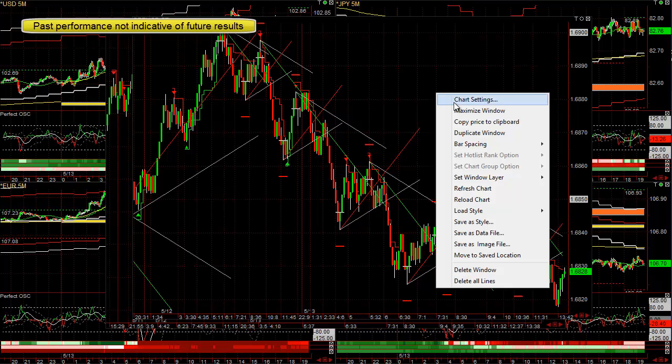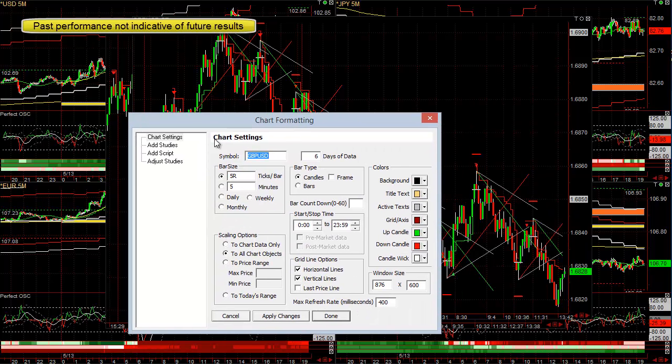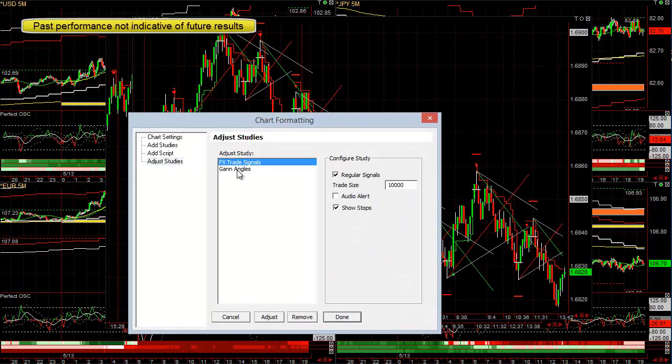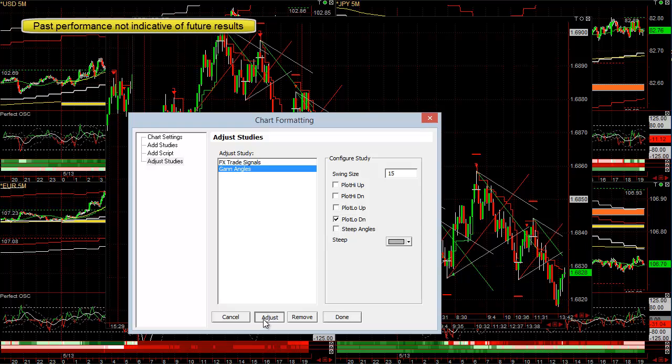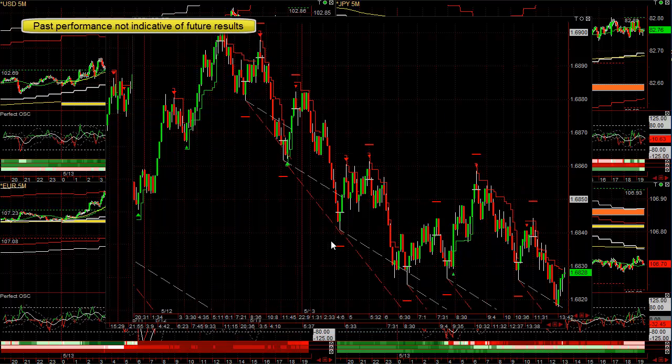And you can project Gann angles up and down from the highs and lows. So if I want to take a previous swing low and plot the Gann angles down, it does a good job of letting me see pretty much where the market's likely to stall and reverse. And of course, those are good places to tighten the stop if you're in a short, and also consider going long, as you can see in this trade right here.